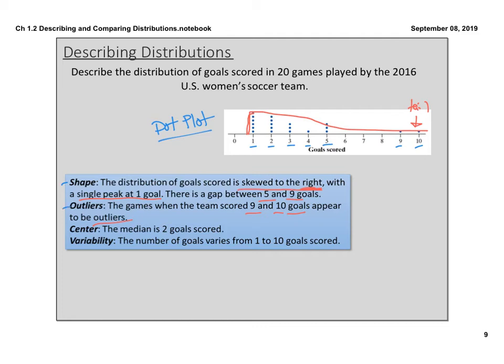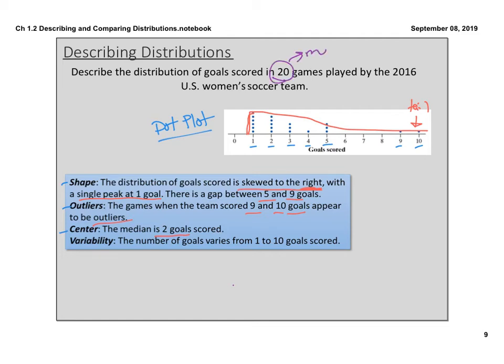Outliers. The games when the team scored 9 and 10 goals appear to be outliers. Center. The median goal scored is 2. And you can actually determine this. If I was going to determine the median here, I would literally count the middle. So I know I'm looking at 20 games total.